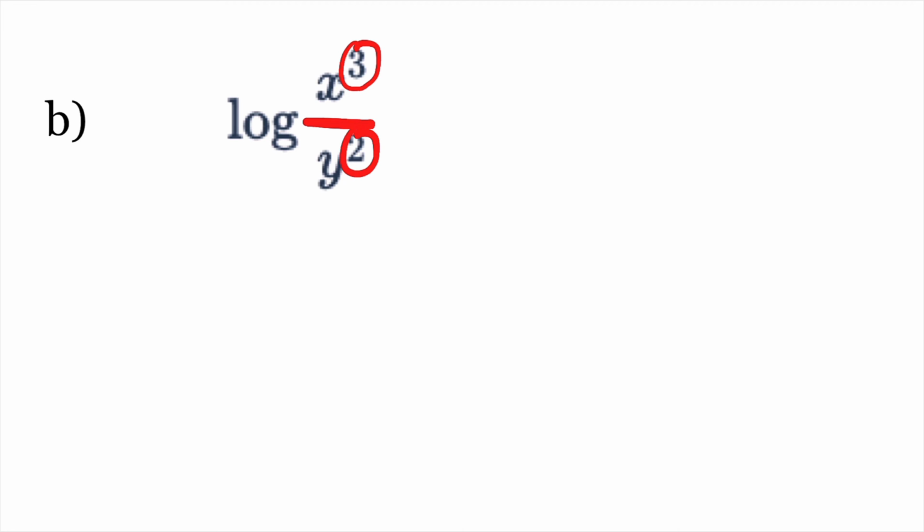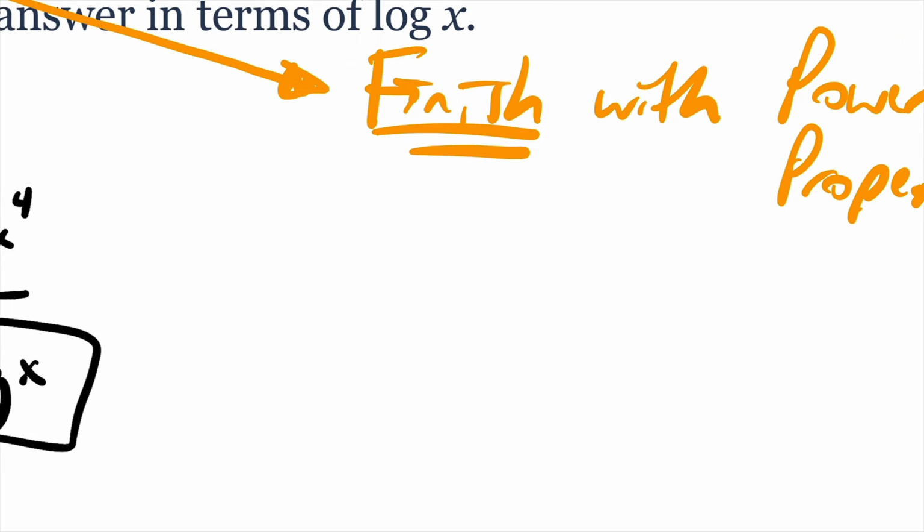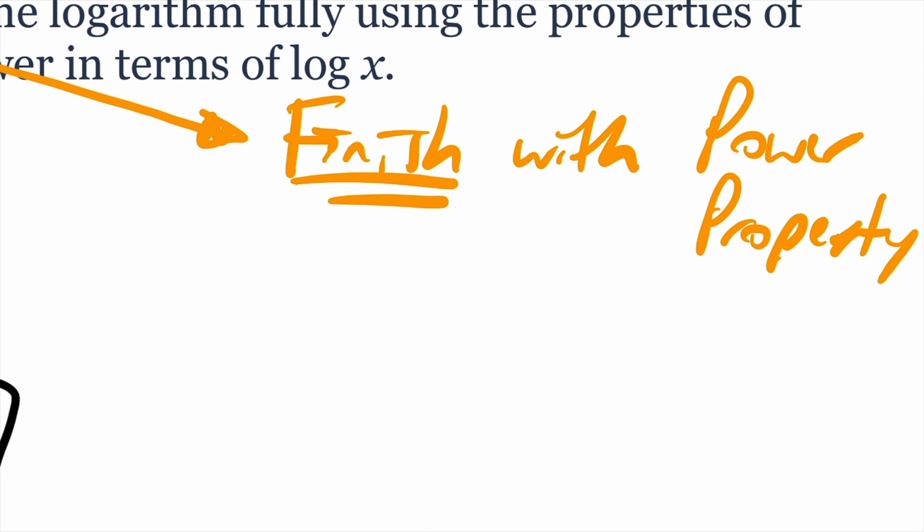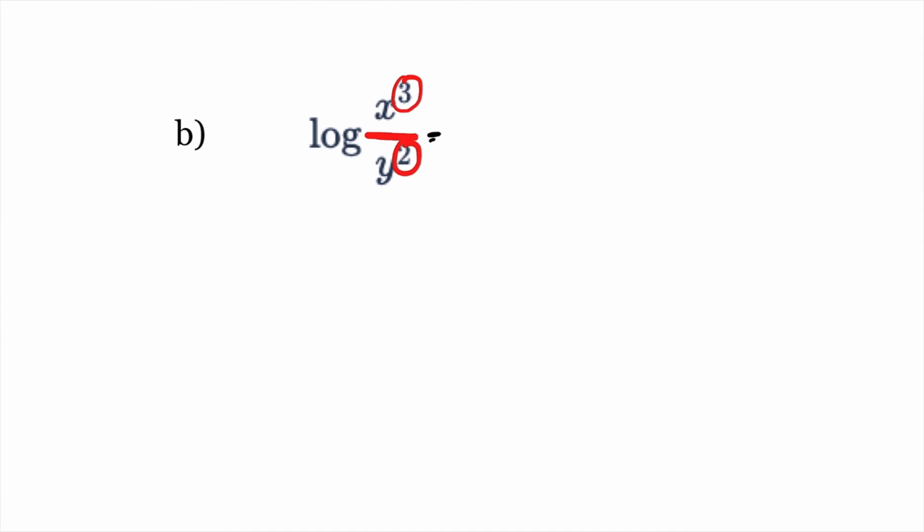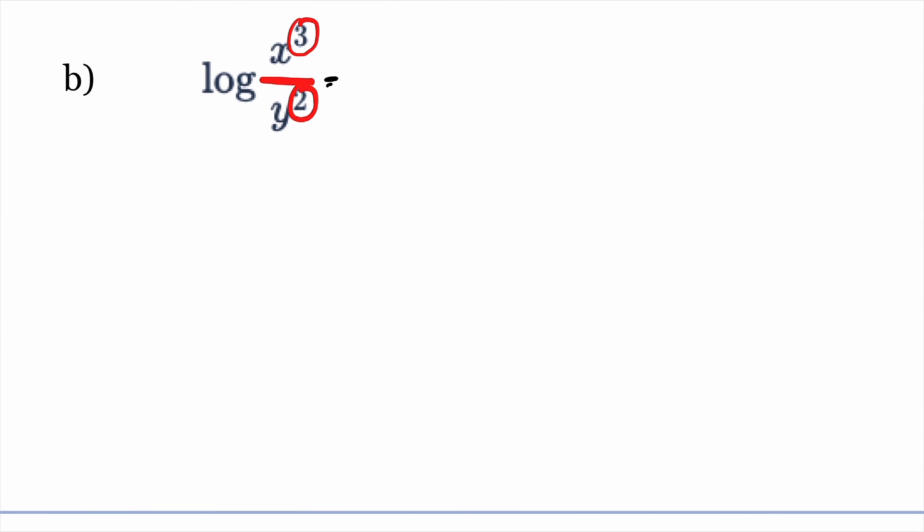Okay. So I told you guys earlier that we finish with power property. So that means we're going to start with quotient. So quotient says give them each a log, give x to the 3rd a log, and give y squared a log. And then in the middle, put a subtraction sign.